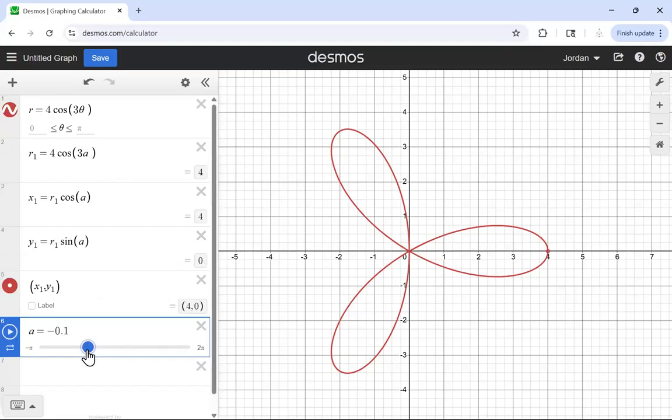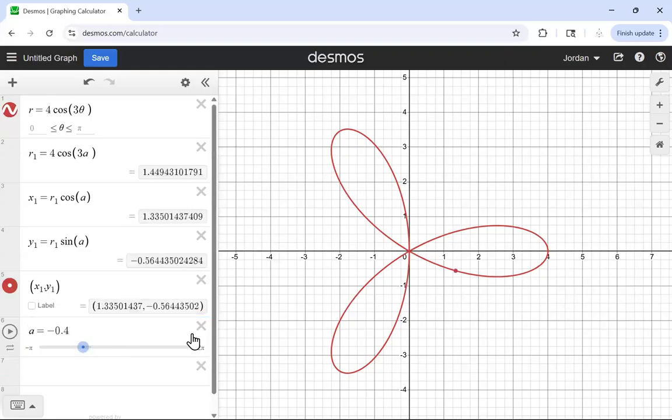I could have traced out that first loop, the one that's sitting here on the right, if I went approximately from negative pi over 6 all the way around to a positive pi over 6.